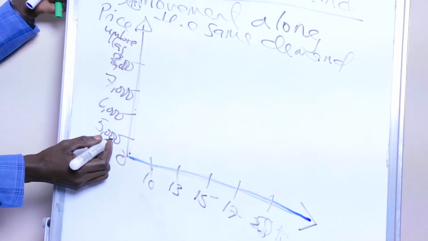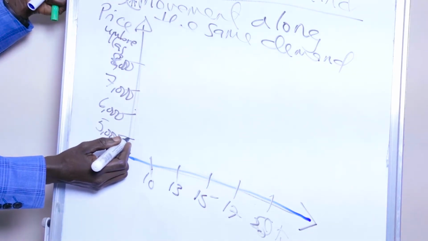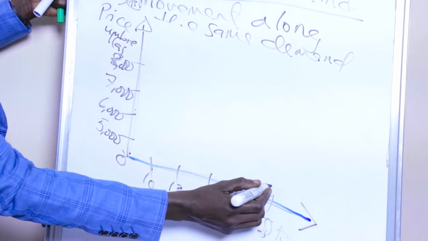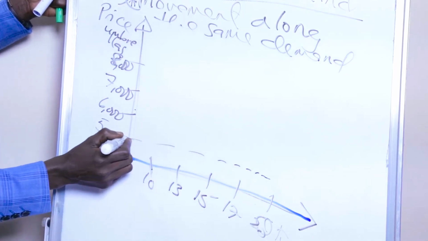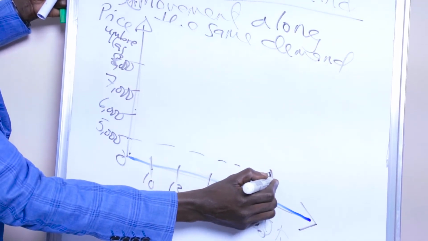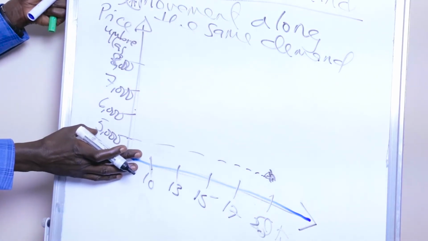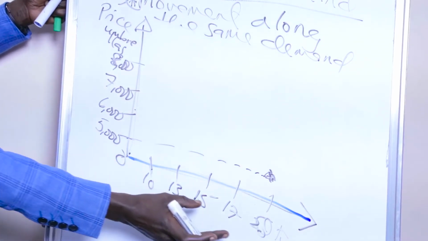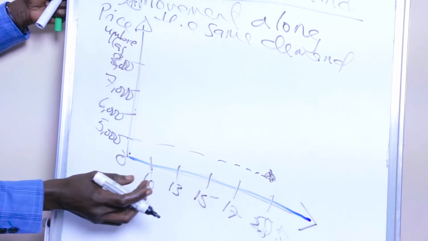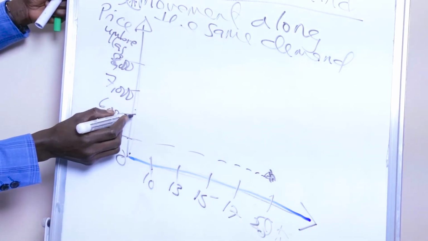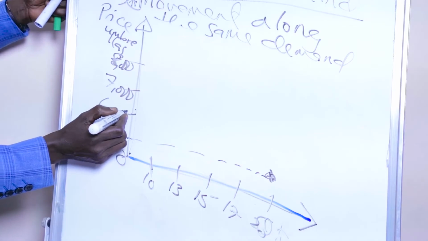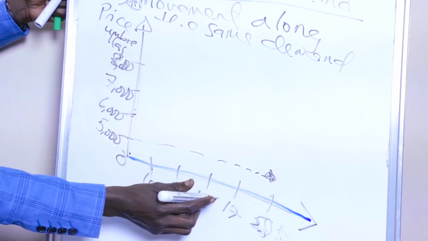Okay, so when the price is 5,000, the quantity demanded is 20 here. The idea is that when the price is low, this person has bought more quantities, 20 umbrellas. If the price increases to 6,000, the number of umbrellas is decreasing.